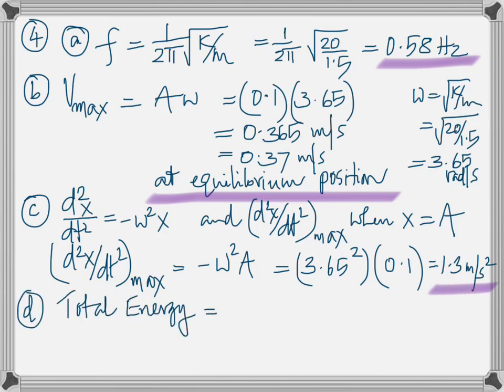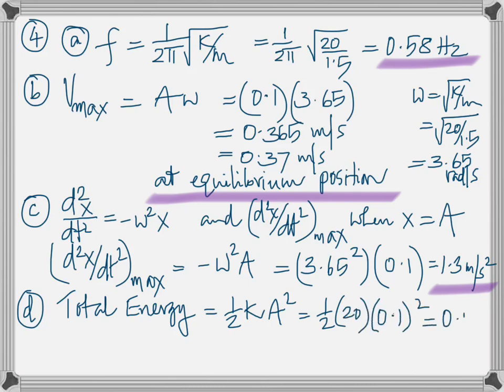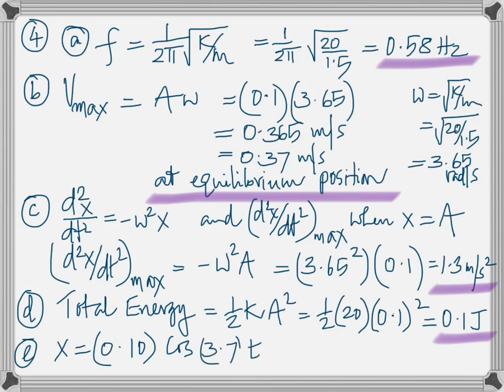And where does this happen? Of course, at the amplitude. And again, as before, total energy is 1/2 m omega squared a squared or 1/2 k a squared. That's 0.1 joule. Expressing the displacement as a function of time, x is a cos omega t. So now we know a, it's cos omega t.